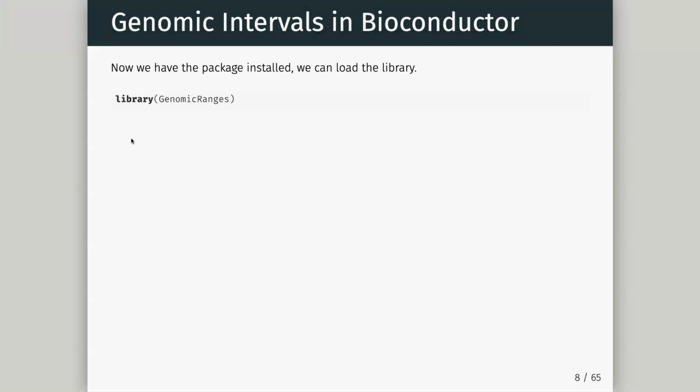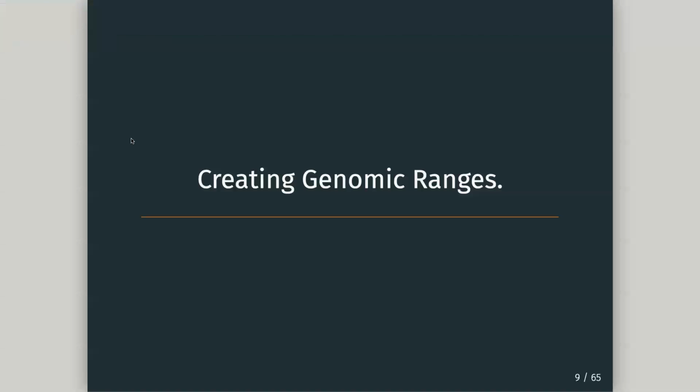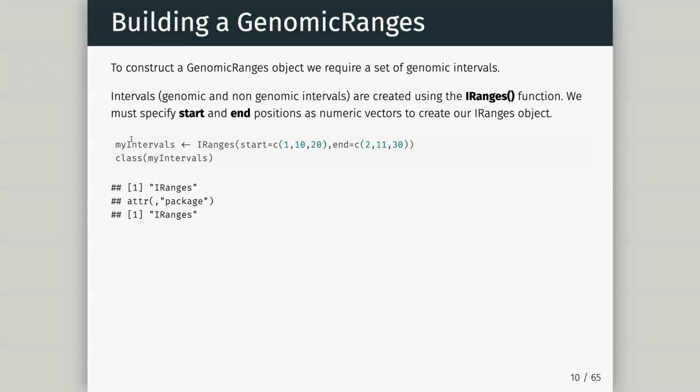Once we have any package, we can load it with library, and we have all the functionality available to us. We can start to create some ranges. The first thing we need to do with a GenomicRanges object is create a set of genomic intervals. Intervals, genomic or non-genomic, are created using a sub-package called IRanges, interval ranges, whereas GRanges are genomic.